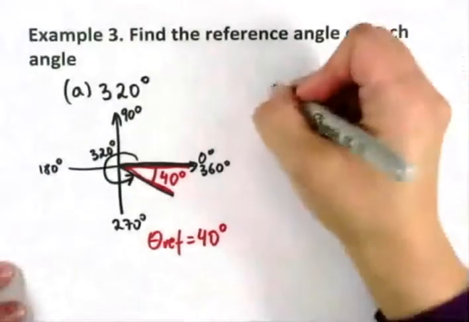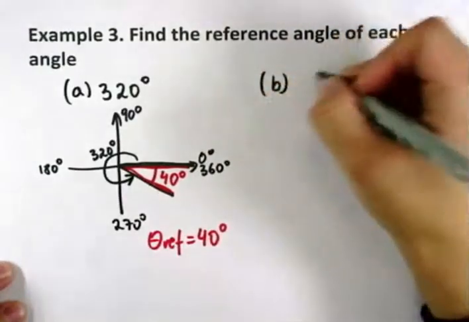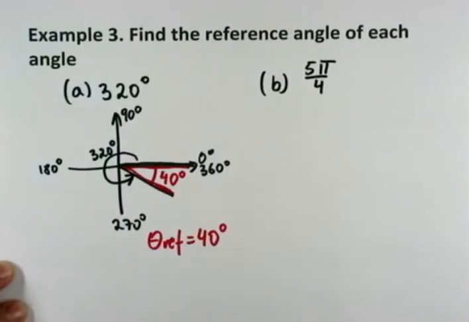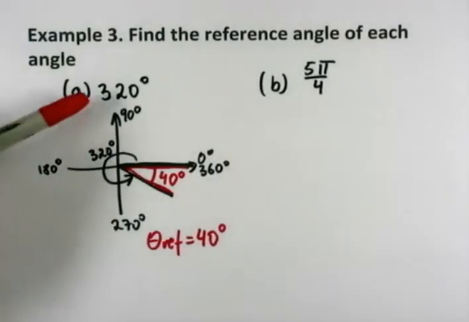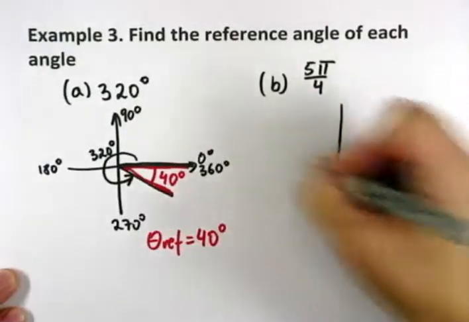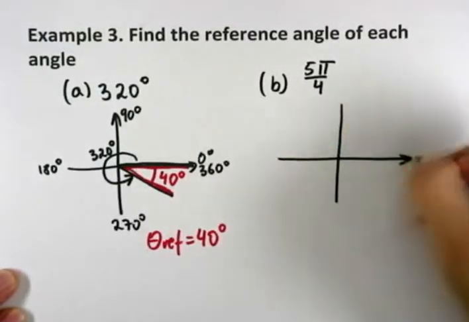Example B, 5 pi over 4 radians. We do need to be able to work with degrees and with radians. So I draw my coordinate system.